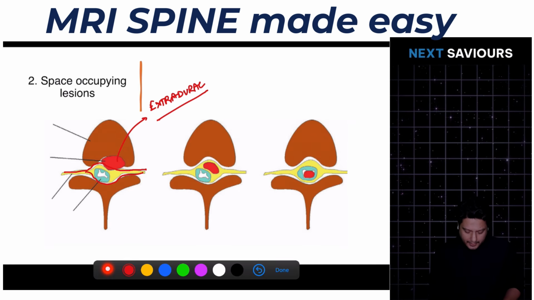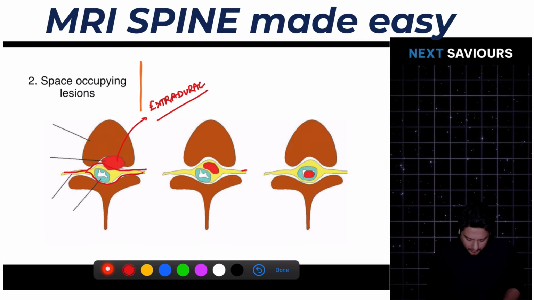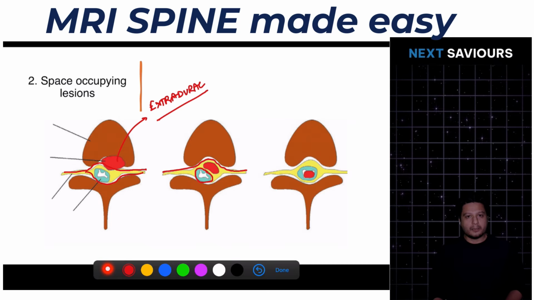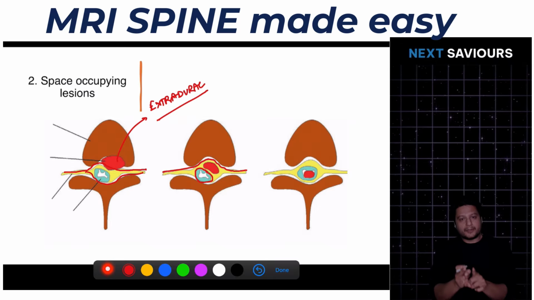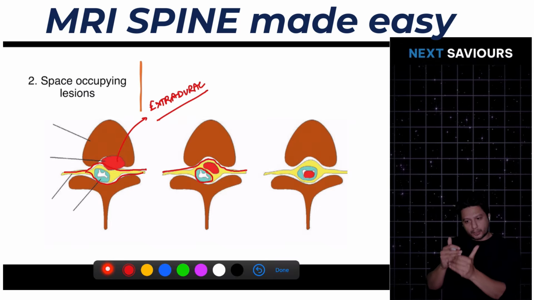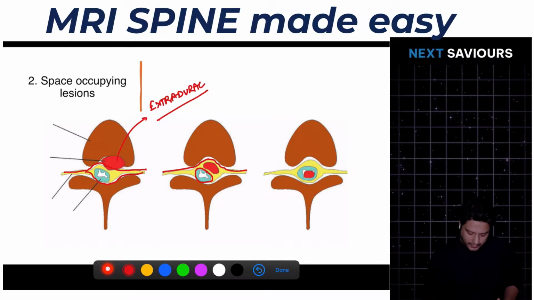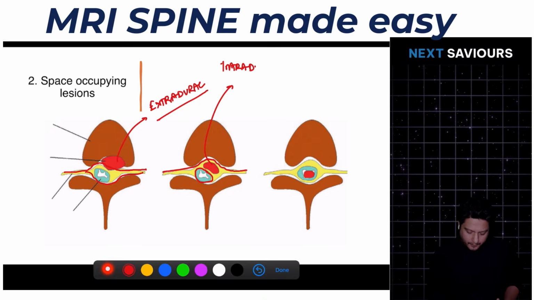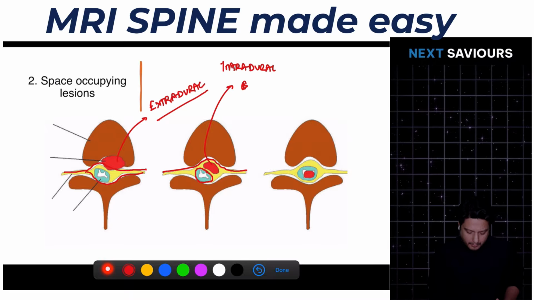The other category is intradural, inside the dura mater, but extramedullary. That means outside the cord and its contents, the nerves and their contents, so intradural, extramedullary. So the second category of tumor is intradural and extramedullary.